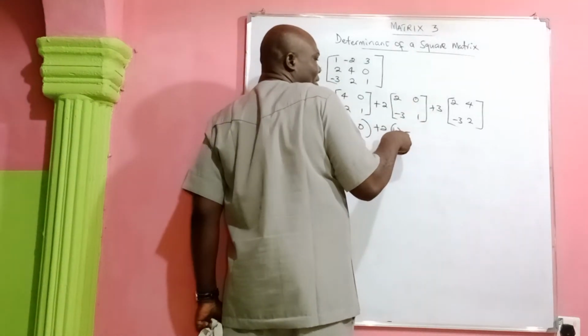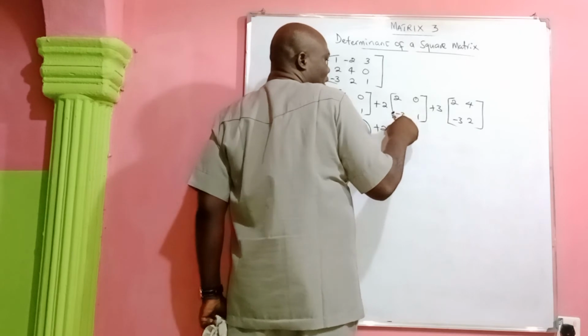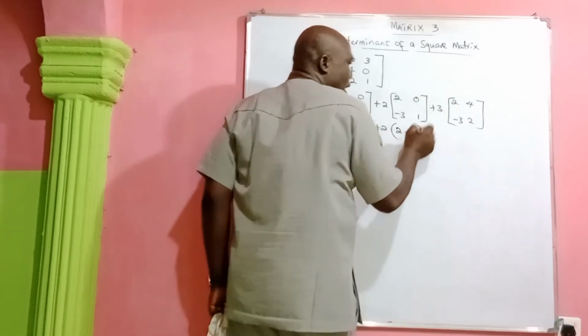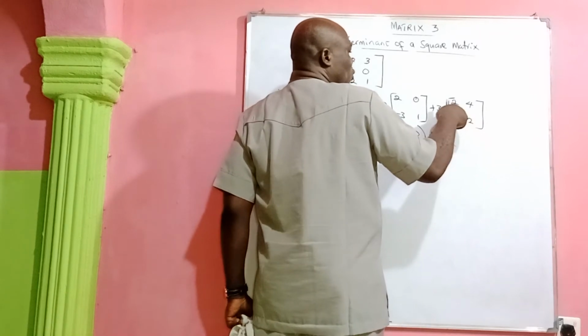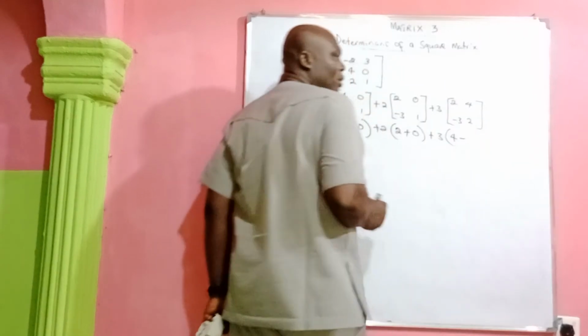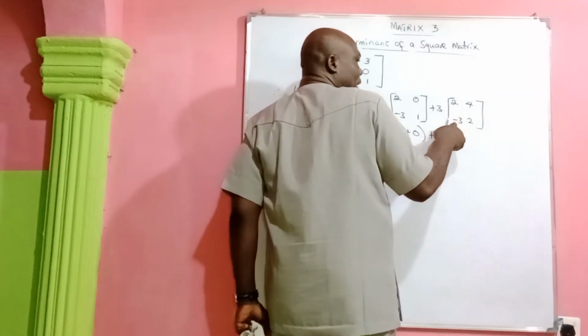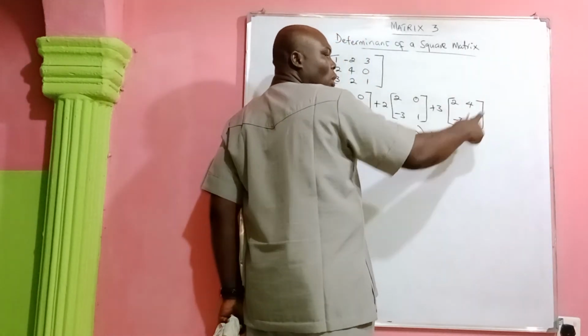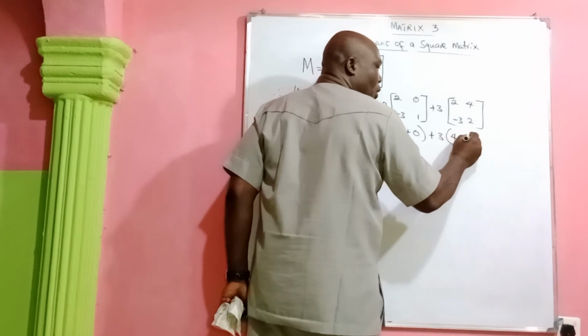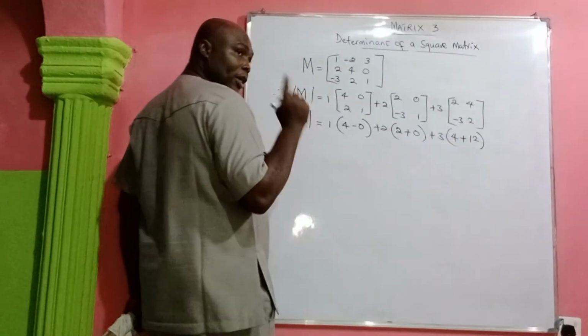Of course, we'll convert this sign to become positive. 3 times 0 is 0. And then plus 3 into 2 times 2, that's 4. We introduce a minus sign. Then minus 3 times 4 will give us minus 12. That minus 12 will affect this minus to become plus 12. Please take note of that.